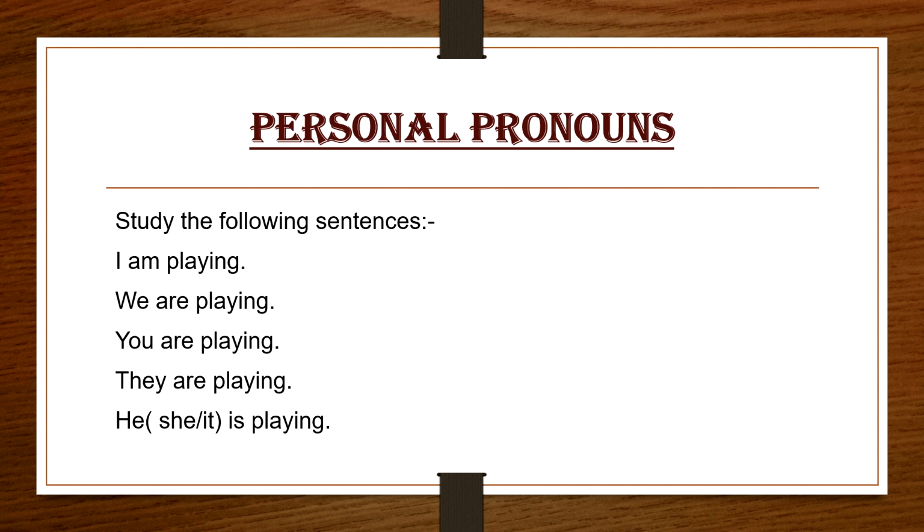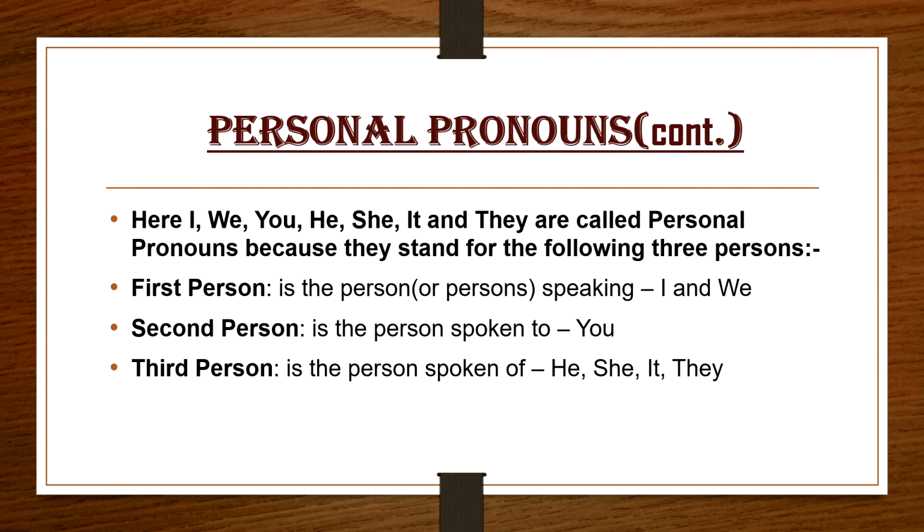Moving on. Now, study the following sentences. I am playing, we are playing, you are playing, they are playing, he or she is playing. So, basically here I, we, you, they, he, she, it and they are all called personal pronouns. They are called personal pronouns because they stand for the following 3 persons.